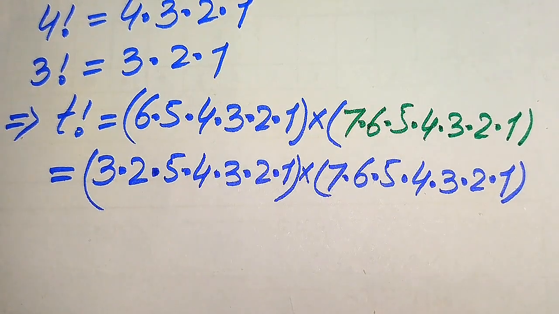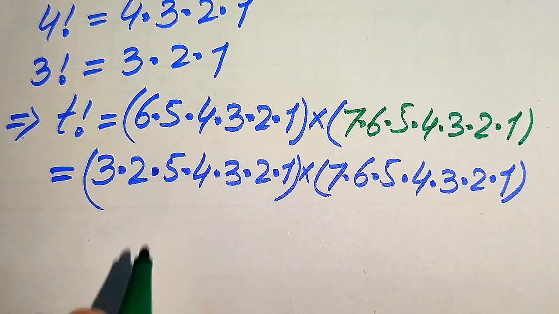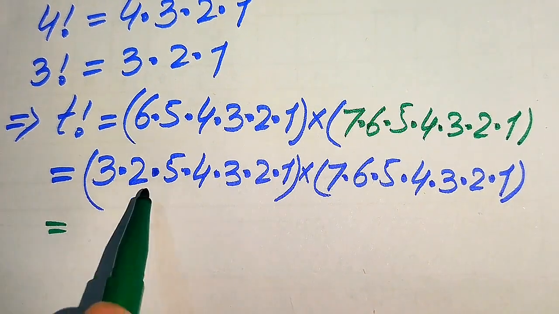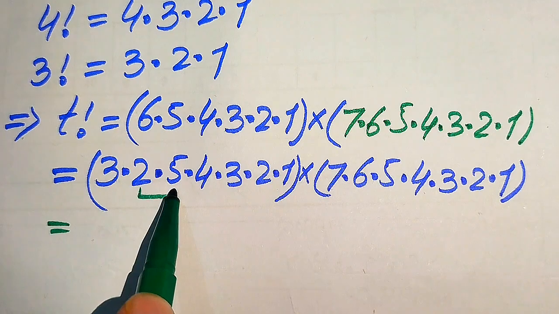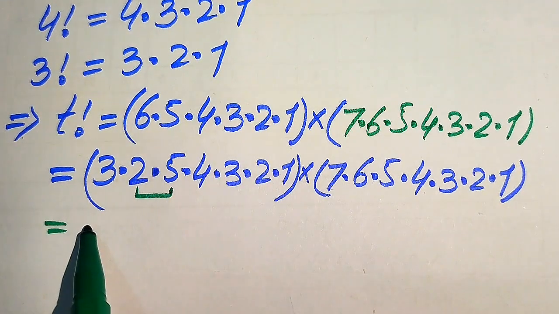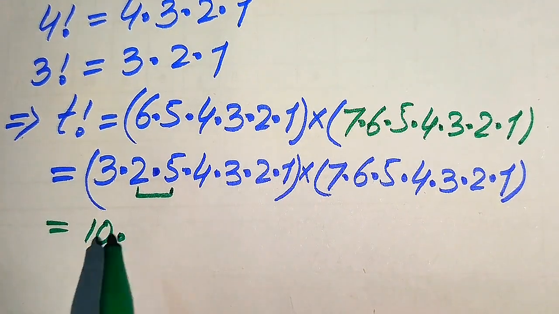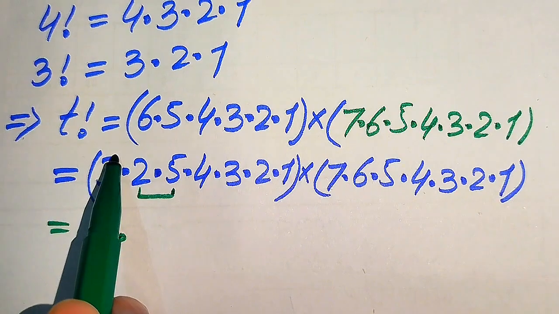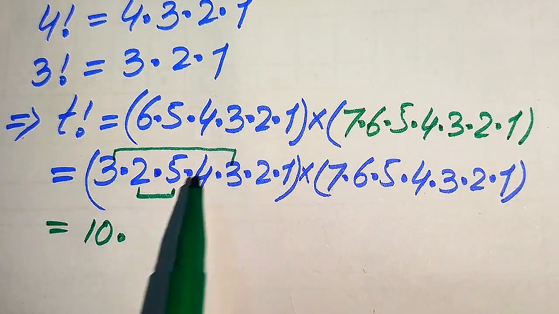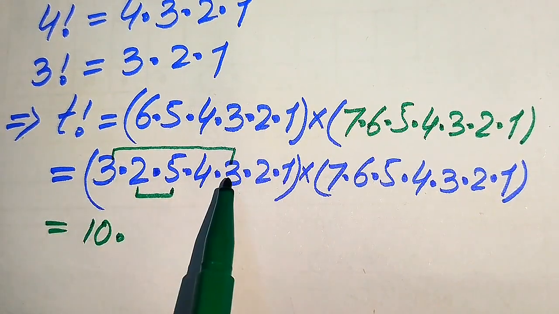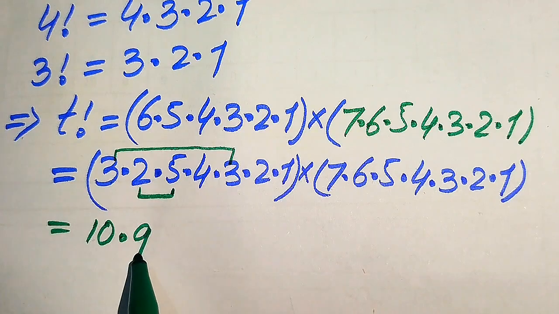Here we need to rearrange the terms. First we multiply this 2 with 5, and you get 2 fives are 10, multiplied by, second, we multiply this 3 with this 3, and you get 3 times 3 becomes 9.